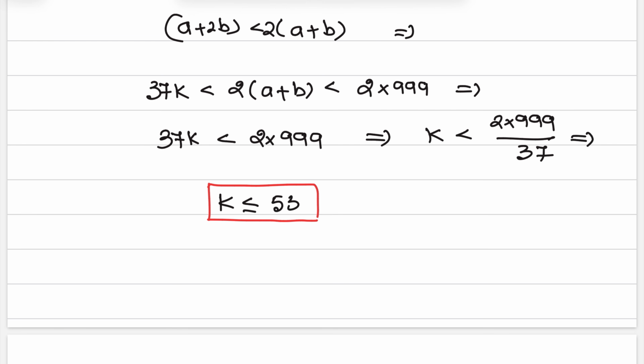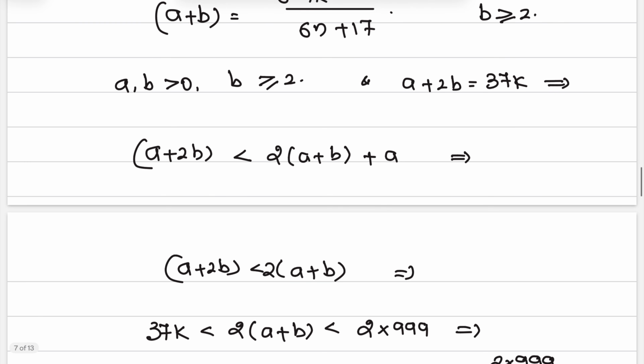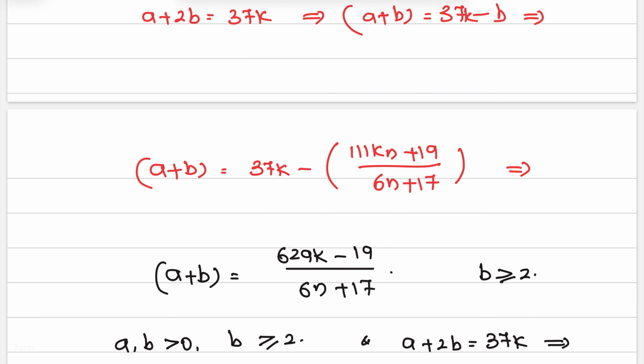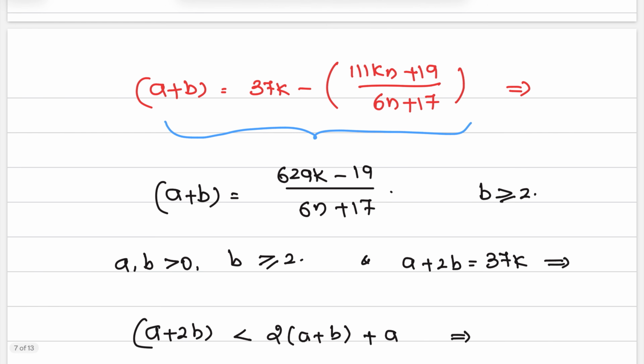Are you able to follow? At the same time, what is the value of a plus b we have got from this equation? I think here we have forgotten one term, 111 kn.